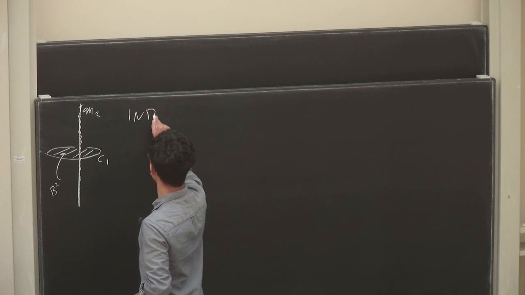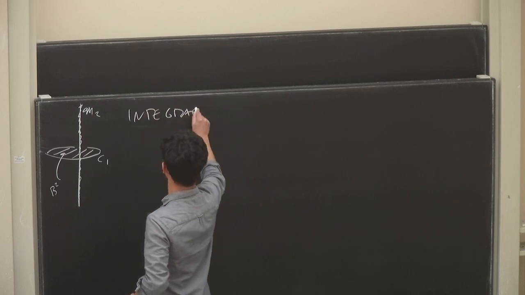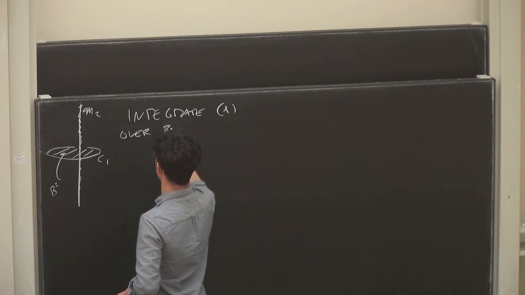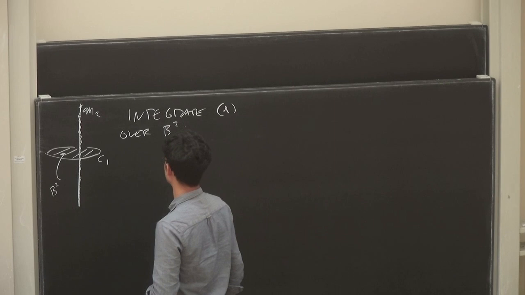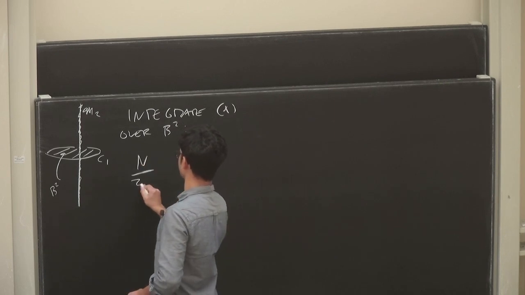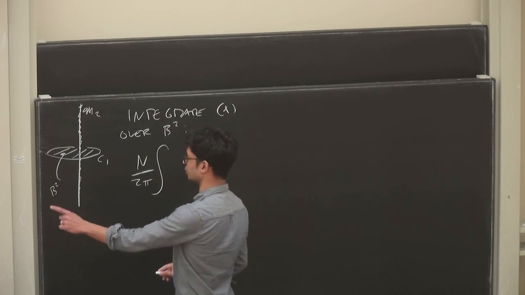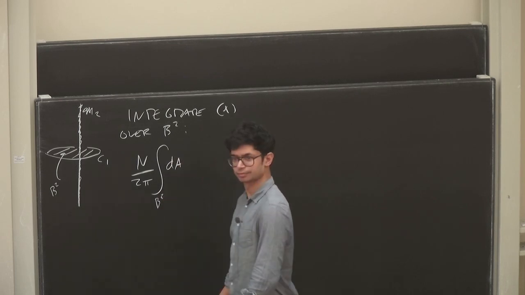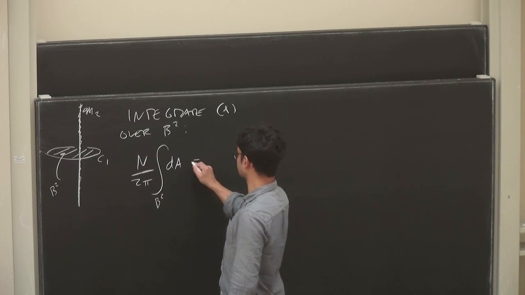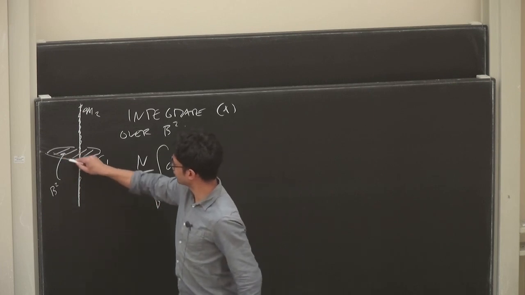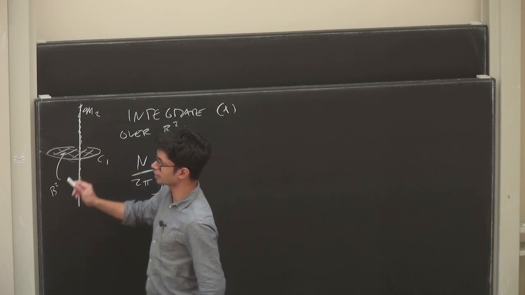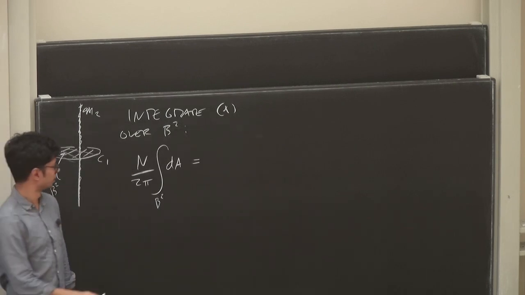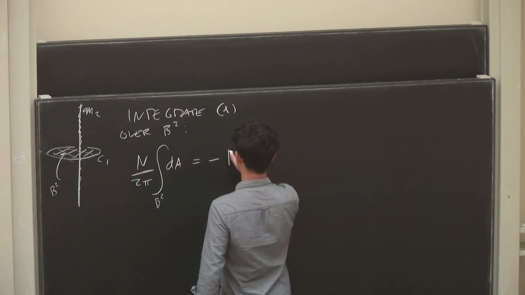If I do that, then what do I get? I'm integrating star over B2. Then I get n over 2 pi times the integral over B2 of dA equals the integral of minus delta over here, which hits this M2 once, which means I get 1 for this delta function. So this equals minus 1.